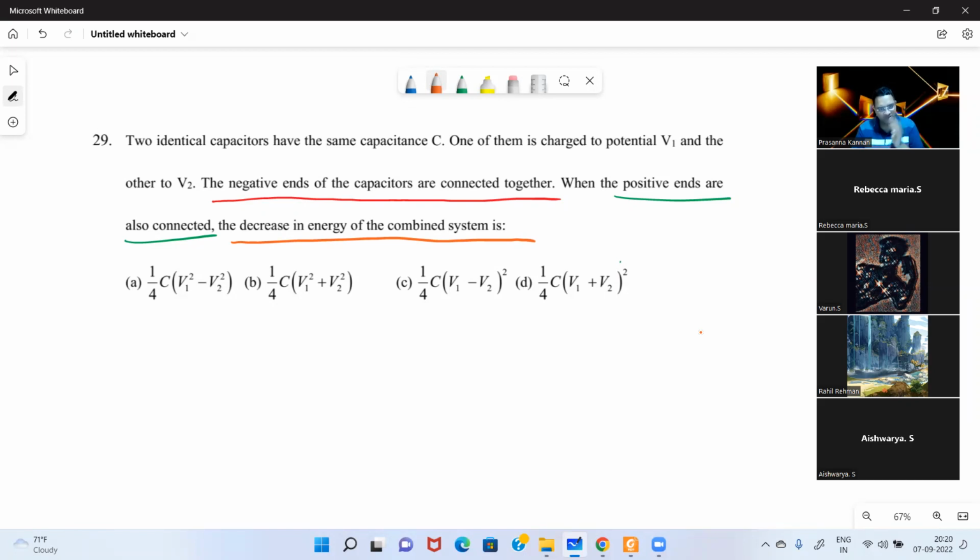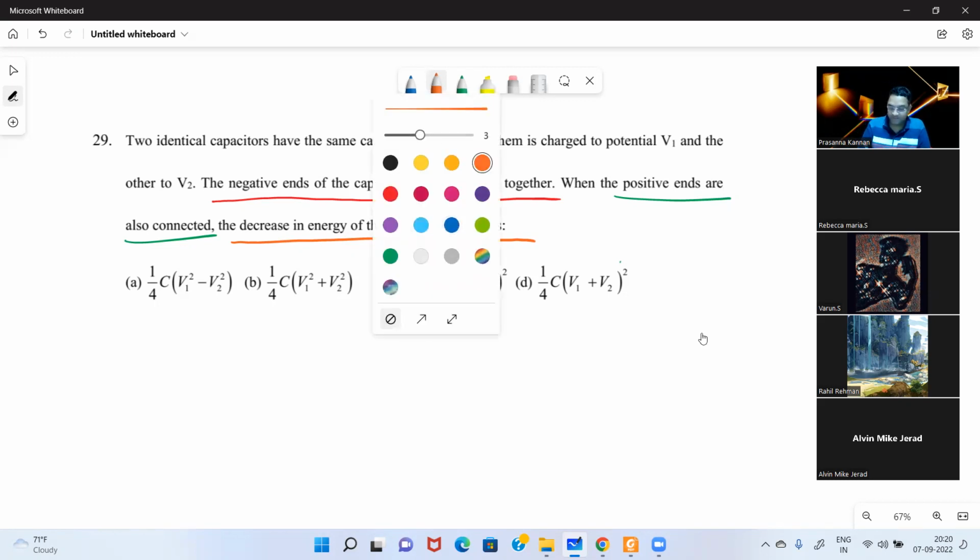We used to find out the initial energy, then the final energy of the new system, and the difference will be the loss in energy, correct? We did 2-3 sums on that. So the same idea is going to be there. Let me do this now for you.